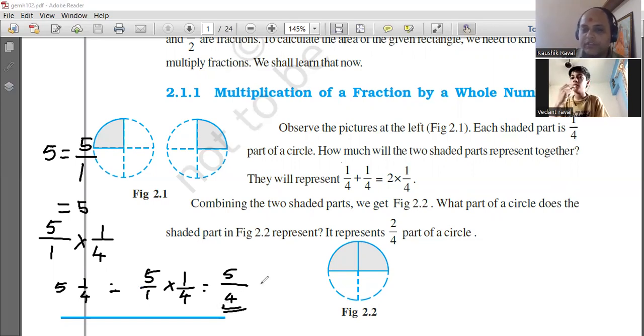What will be the mixed fraction for this one? Can you do it with mental math? Convert into a mixed fraction. Do it without picking up the pen or pencil. Do the mental math.